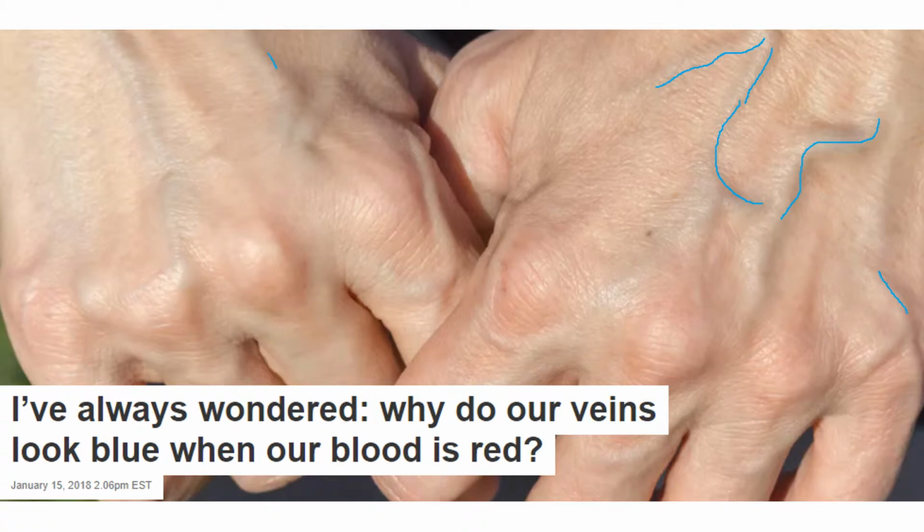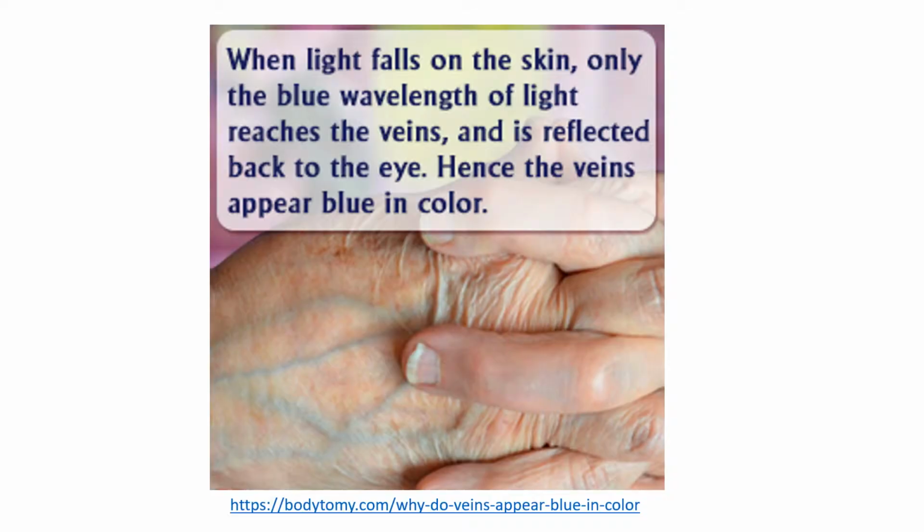Actually, that is not the case. Blood that is deoxygenated is more of a darker red maroon color. But as you can see clearly in this picture, it's blue looking. Well, why is that? Let's talk about that.